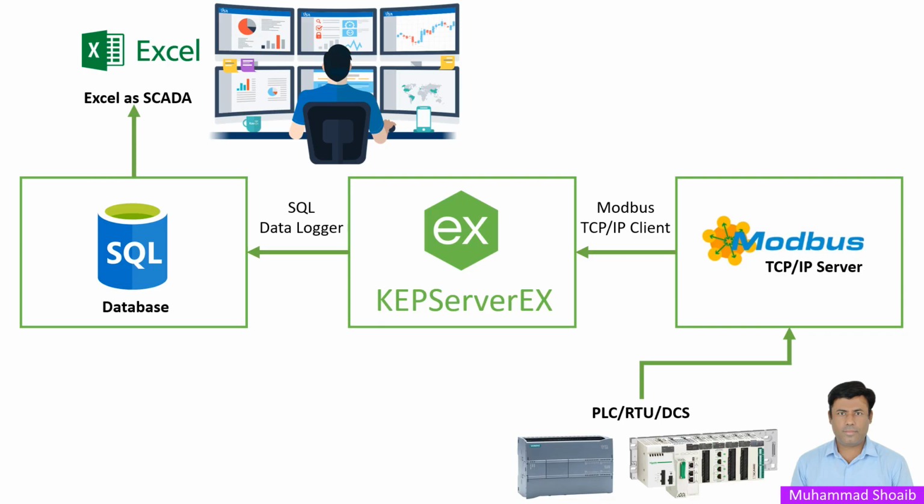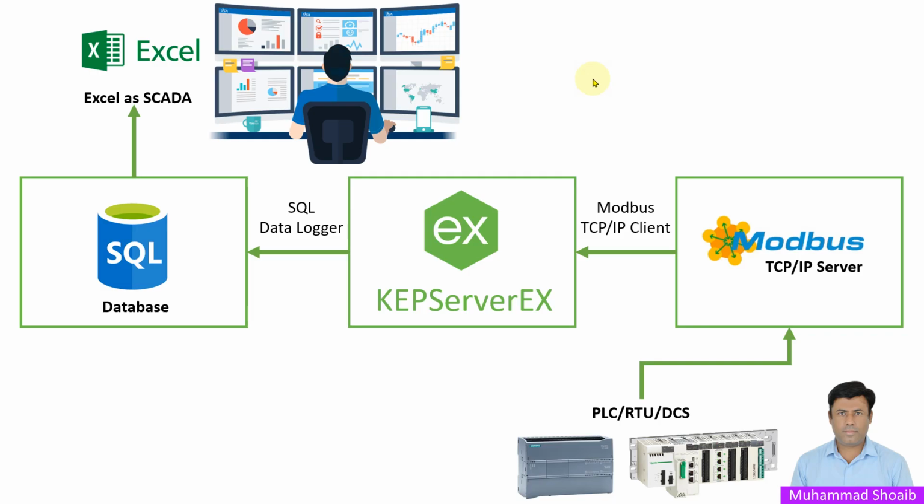So it will work the same as a local SCADA. It has the historical data and the real-time data also. So let's see how we can configure the Kepware server, our SQL database, and Excel in this tutorial.